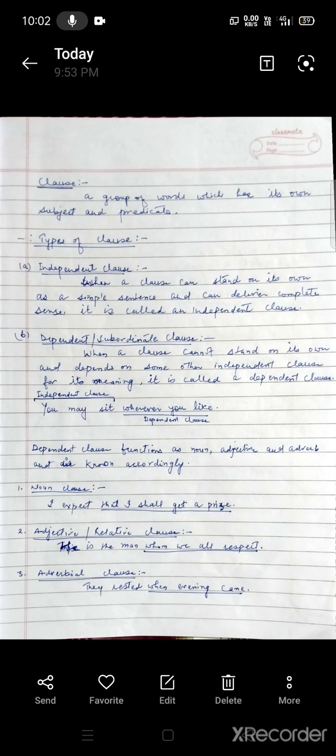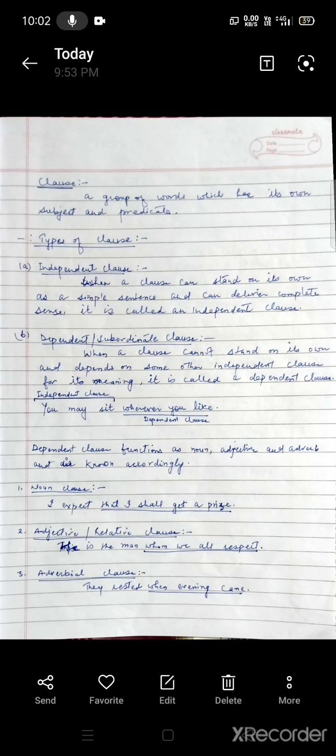A dependent clause, we can also find its meaning by the very name, dependent clause. When a clause has a subject and its predicate of its own, but it depends on some other clause, that is an independent clause, for its meaning, then the clause is a dependent clause. A dependent clause depends on some independent clause for its meaning.